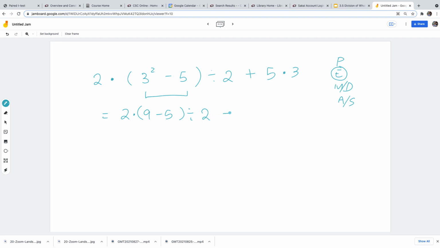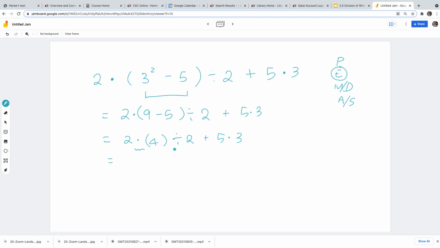Divided by 2 plus 5 times 3 is equal to. Now we are not still done with the parentheses, right? So we're gonna do 4 in it, divided by 2 plus 5 times 3. Now we have just a number in the parentheses, so you can just disregard this parentheses.